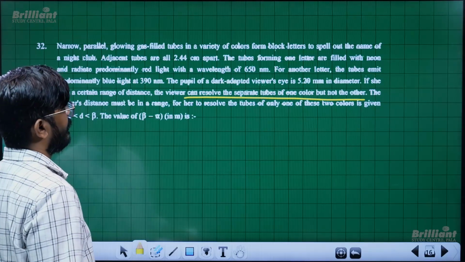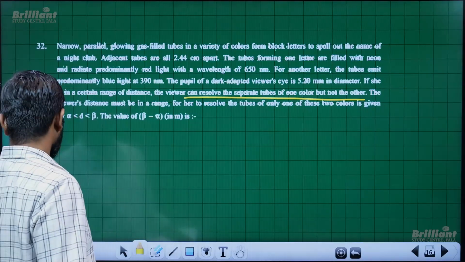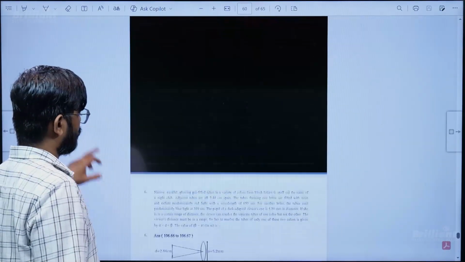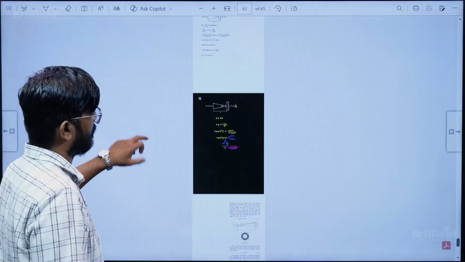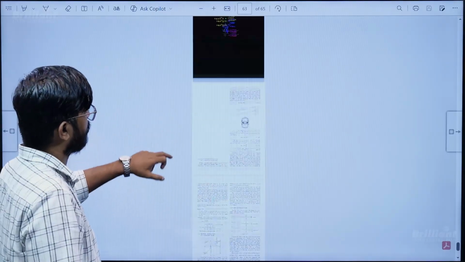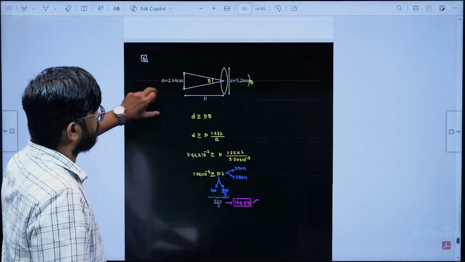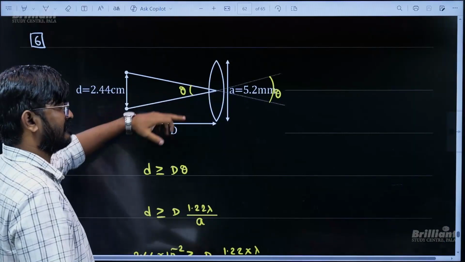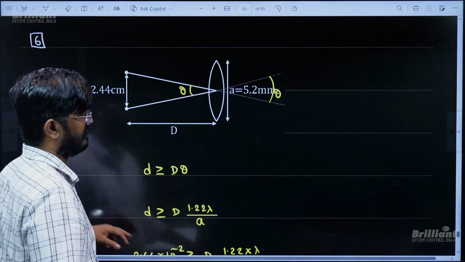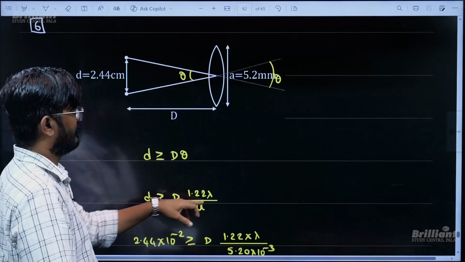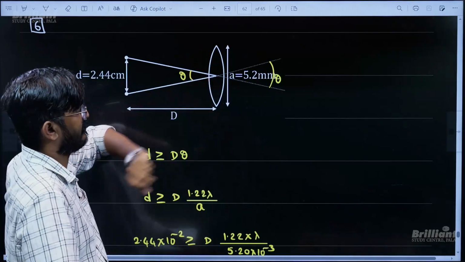So when can a person resolve one color but not the other color? Once you understand it is related to resolving power, I am attaching the theory related to that from H.C. Verma. So that angle we will know from that theory, it is approximately 1.22 lambda by a, where a is the diameter of the pupil.